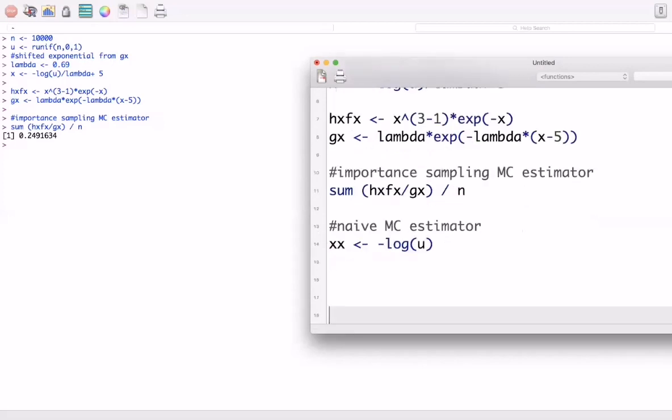And then basically we take x to the power of 3 minus 1, and multiply by the indicator function, where x has to be larger than 5.